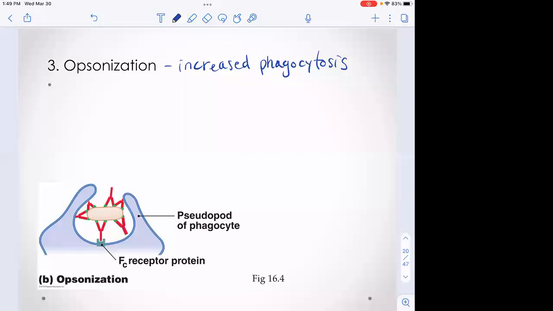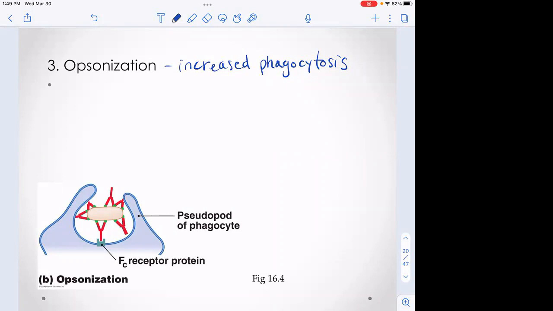When we talked about the steps of phagocytosis last week, we said that certain things can act as opsonins, meaning they make phagocytosis more likely to happen. And those two things were complement protein, especially that C3b bit that binds to the pathogen, as well as antibody.